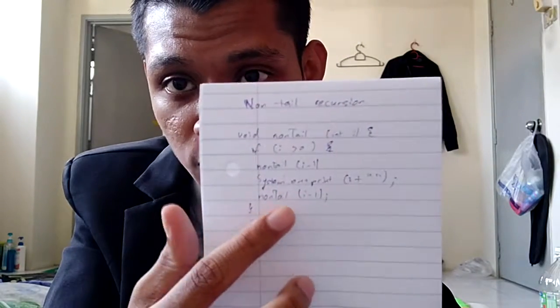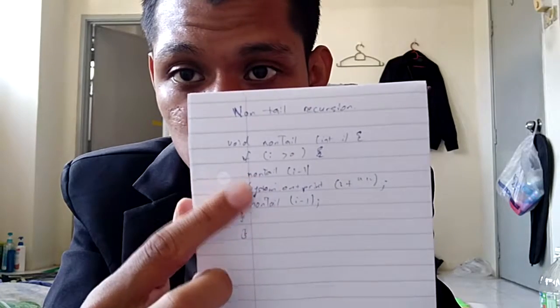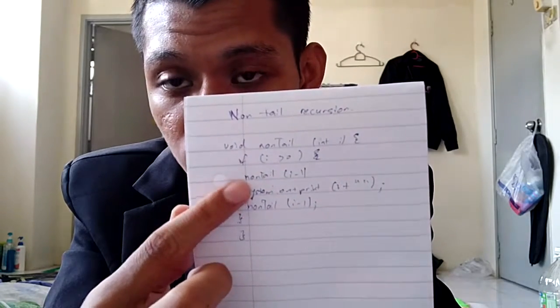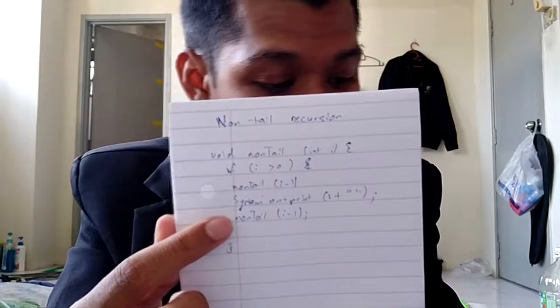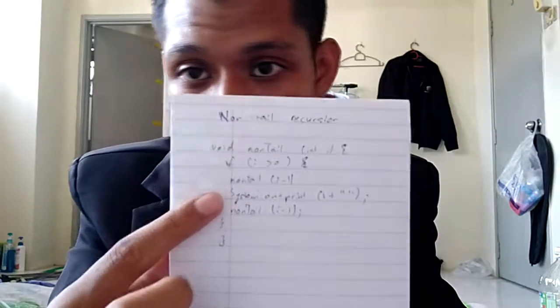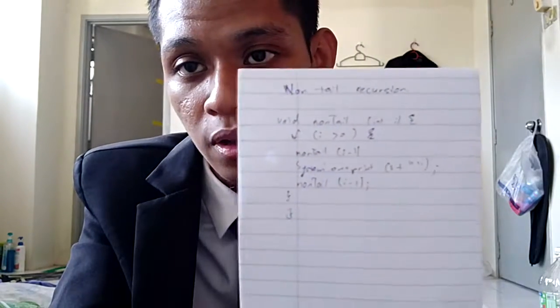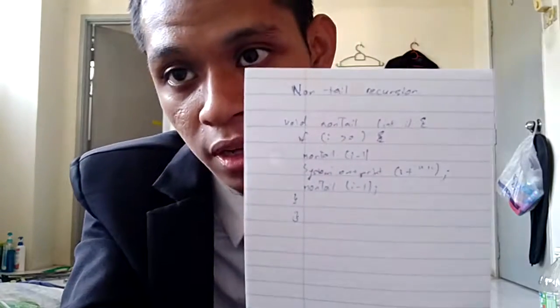Then in the example of non-tail recursion, you can see it is called 2 times. So this is the non-tail recursion. That is the example for tail and non-tail recursion.